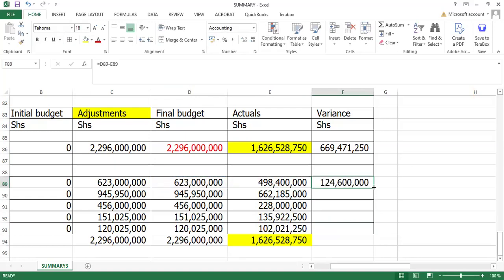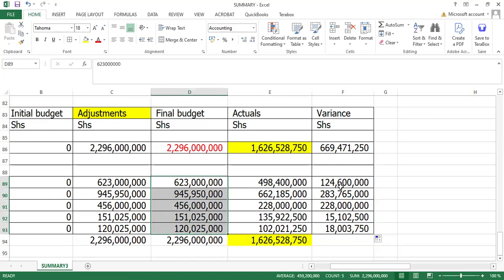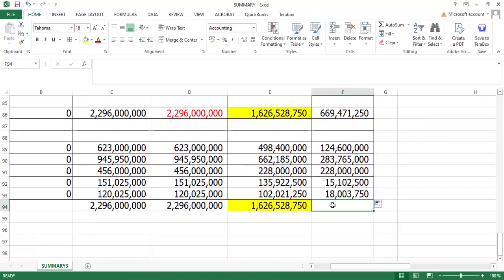Remember, expenditure can as well be favorable or adverse. So if you had budgeted to incur this, but you're incurring less, these ones are favorable. The variance you have under expenditure items is favorable. So if I sum up still here, you will find that here you have the same.